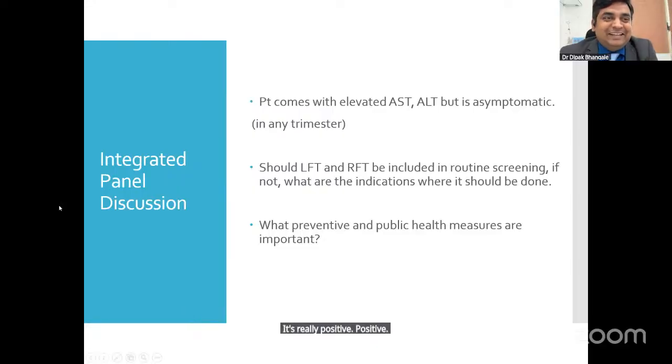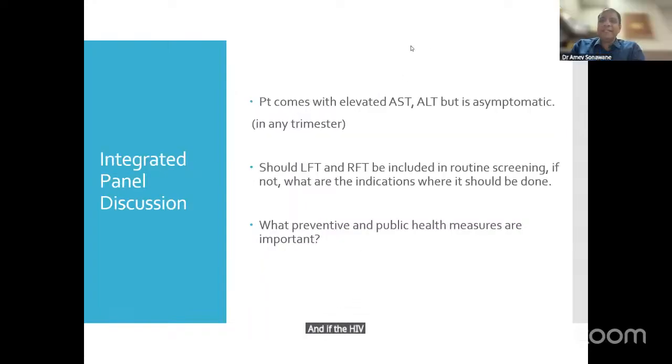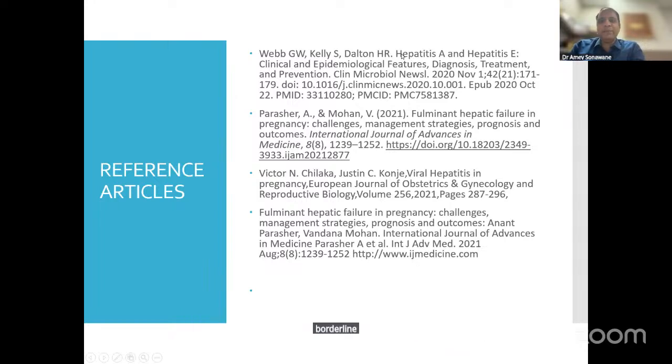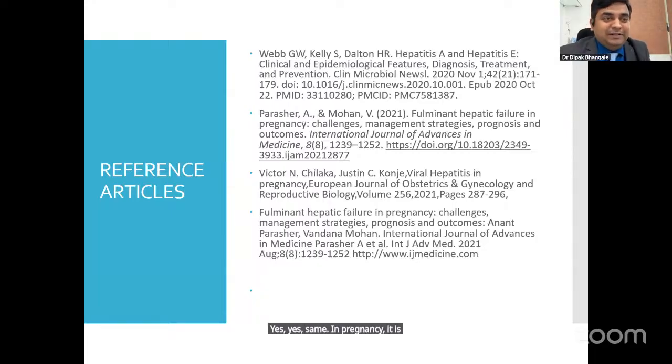So you do a titer, IgG, not IgM. And if the IgG is negative, then all of us can take. But most of us eat healthy, safe food. So I think it's only on those borderline people we can vaccinate them, or travelers probably. What do you think, Deepak? Yes, it's the same. In pregnancy, it is not recommended, but anyways.